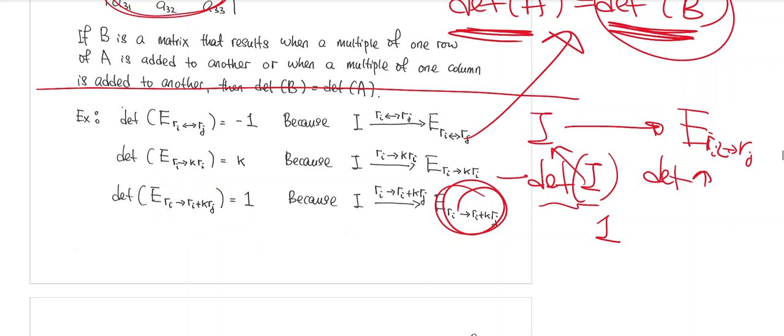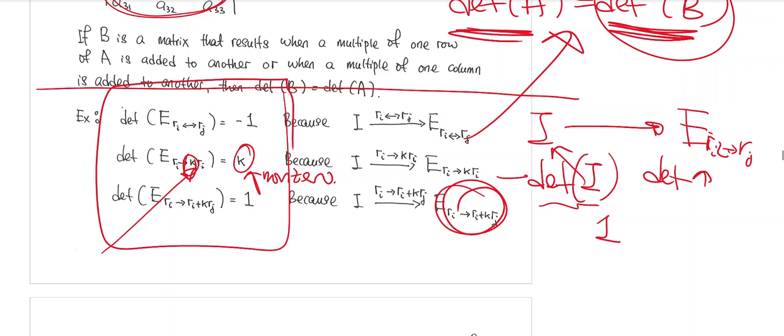Now, there are several things here. The important thing is that if you do a legit row operation, we would not take a 0 and multiply it to the entire row. We don't do that for row operations, right? So this k here is actually a non-zero k. So we can also make a summary and say that the determinants of elementary matrices are either -1, or 1, or a non-zero number k, right?